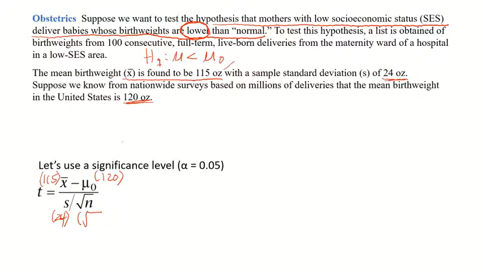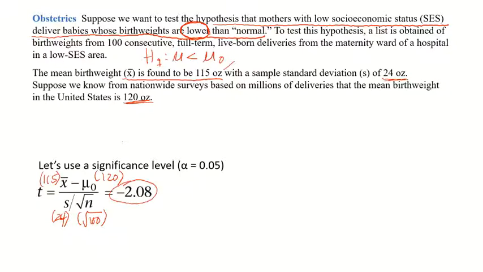If you have your calculators, subtract 120 from 115 and divide that by the quotient of the standard deviation and the square root of n, then you will arrive at the t value of negative 2.08.